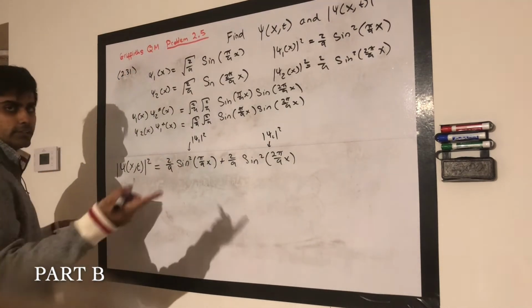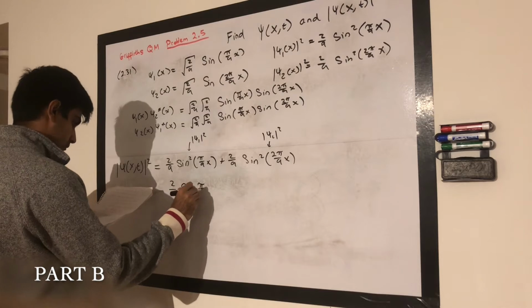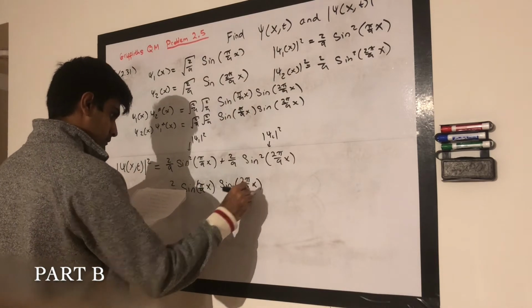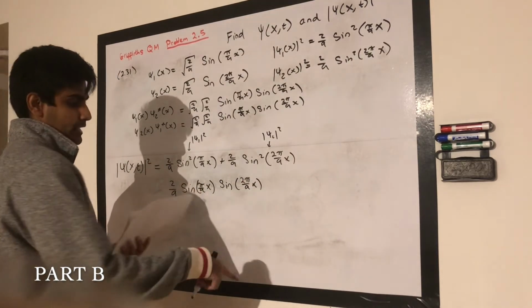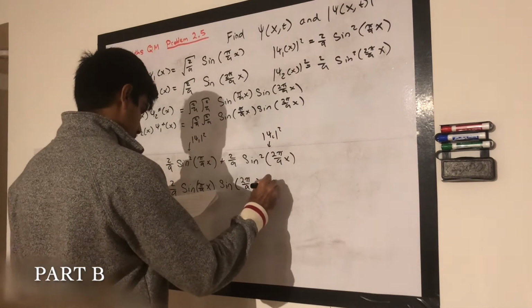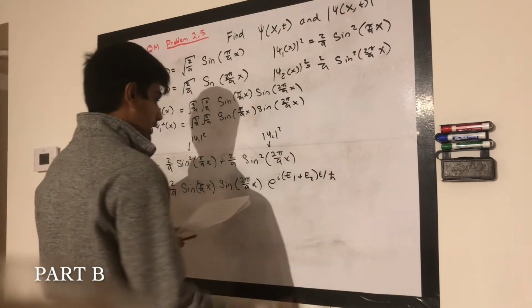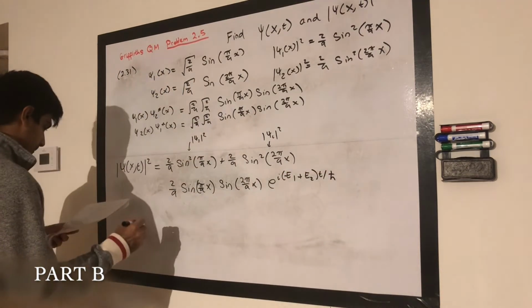Then we're going to get the cross terms. And we're going to add in the exponentials that we had that didn't cancel out for the cross terms. And we're going to do this for the other cross term as well.